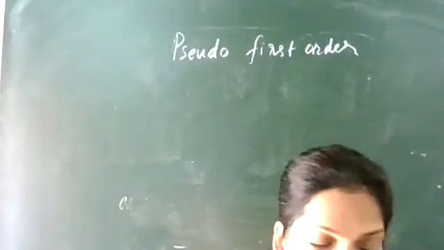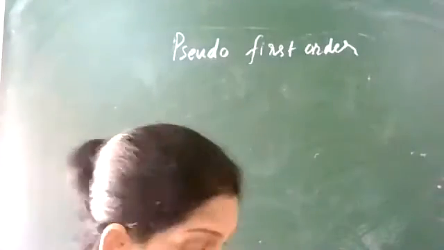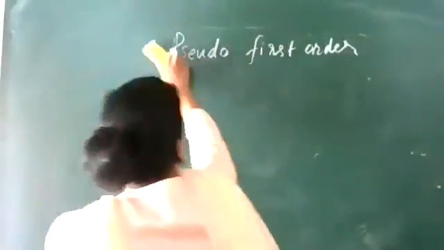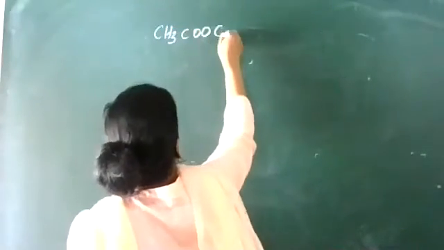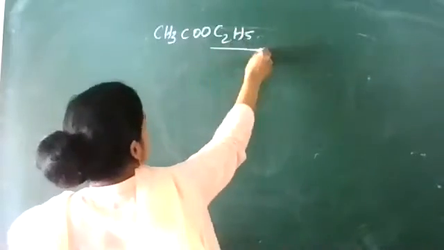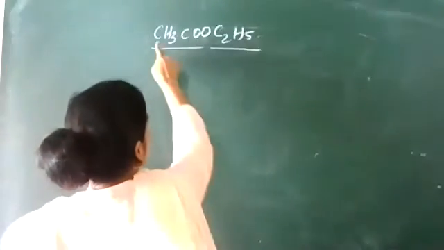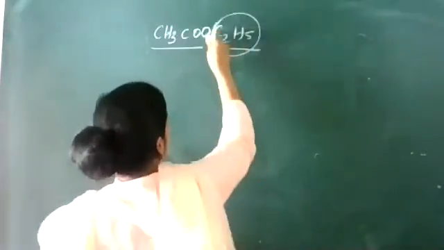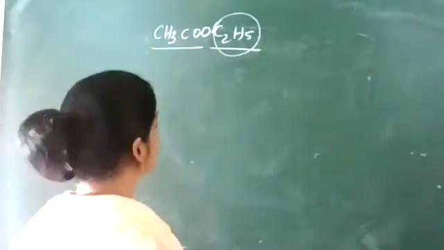Example: hydrolysis of ester. Ester hydrolysis. That is CH3CO2C2H5, ethyl ethanoate.